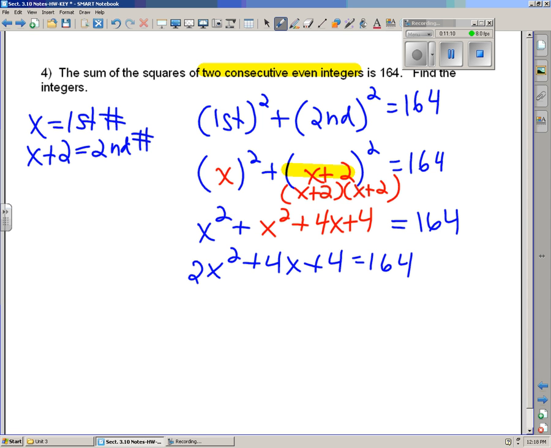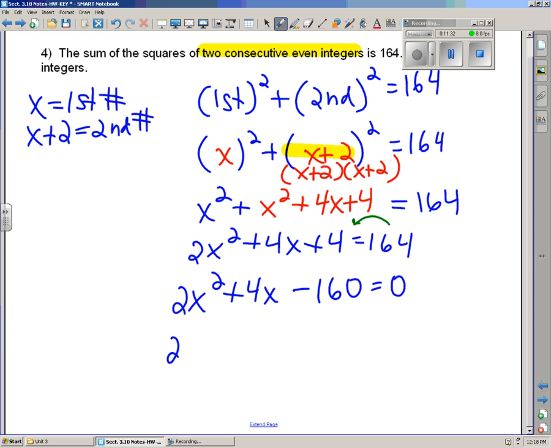Set the equation equal to 0. Bring this 164 to the left by subtraction. 2x squared plus 4x minus 160 equal to 0. Subtracted 164 from both sides. Turns out that there is a GCF, which is 2.